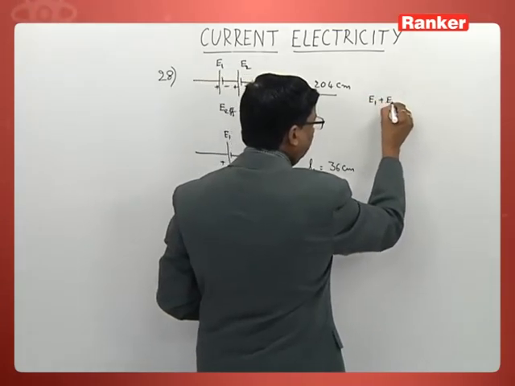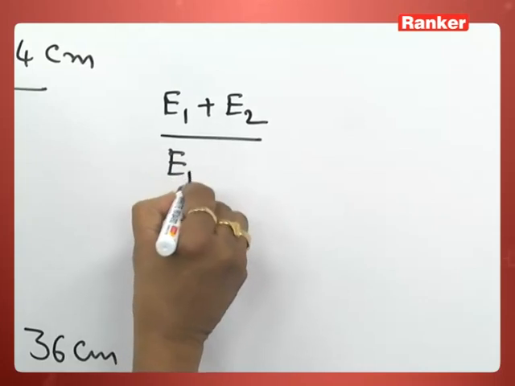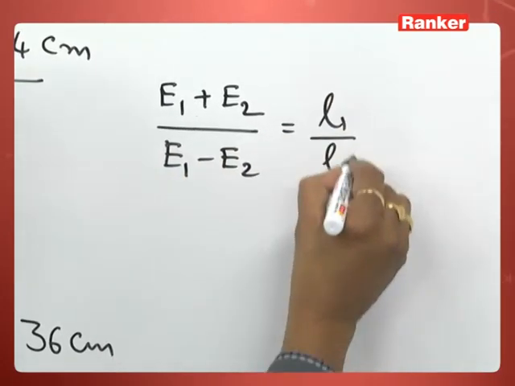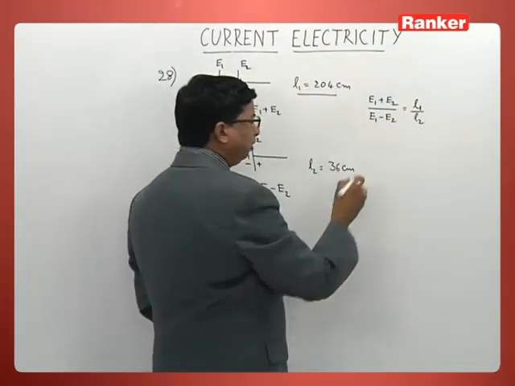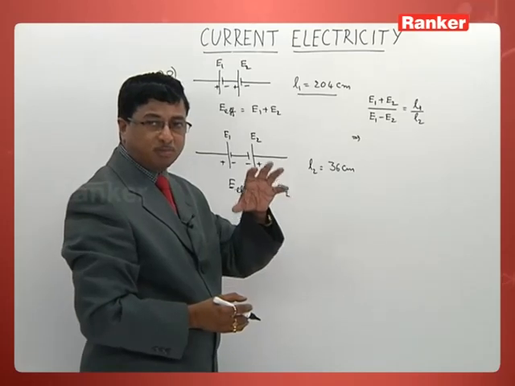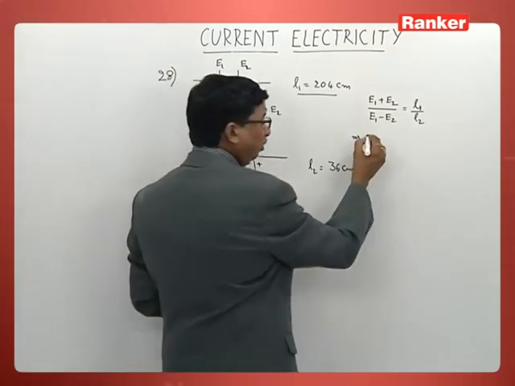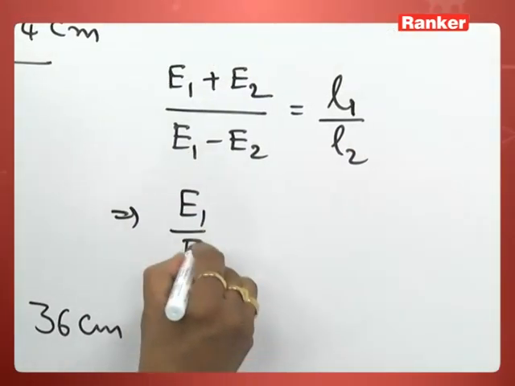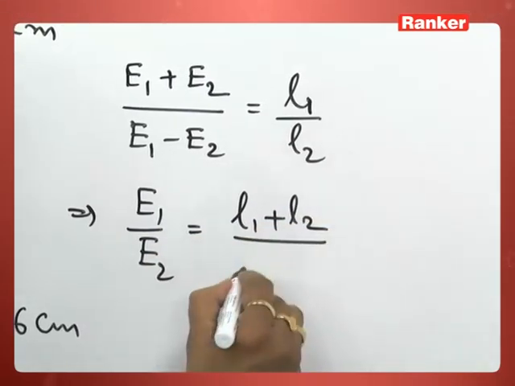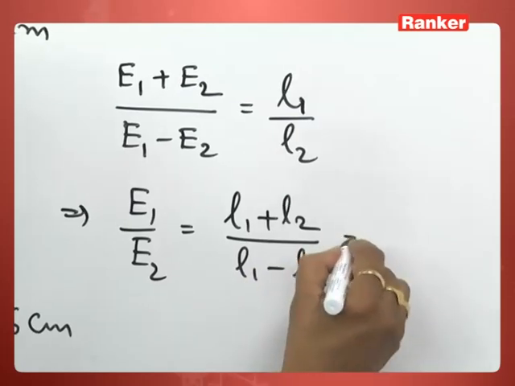E1 plus E2 by E1 minus E2 is equal to L1 by L2 I can write. But of course, componendo dividendo, that concept of mathematics when we apply here, we can write E1 by E2 is equal to L1 plus L2 by L1 minus L2.